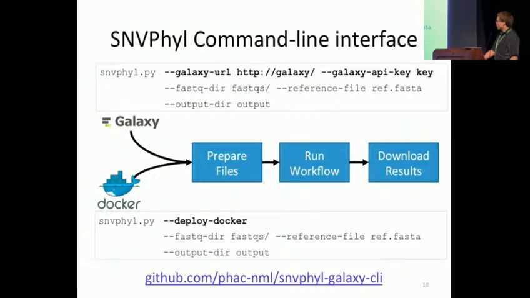Or you can also pass an option to deploy a Docker container with our tools and a Dockerized version of Galaxy. So this bottom one allows you to quickly get up and running with our pipeline for anyone who wants to try it out.